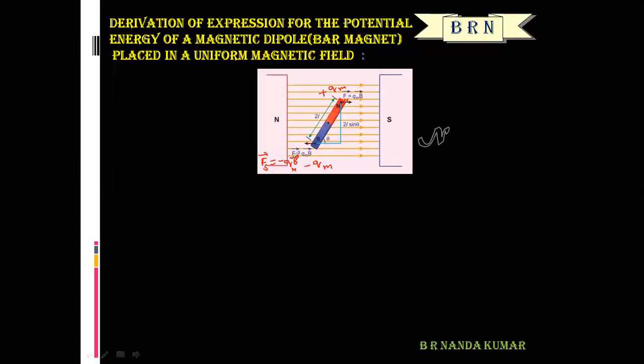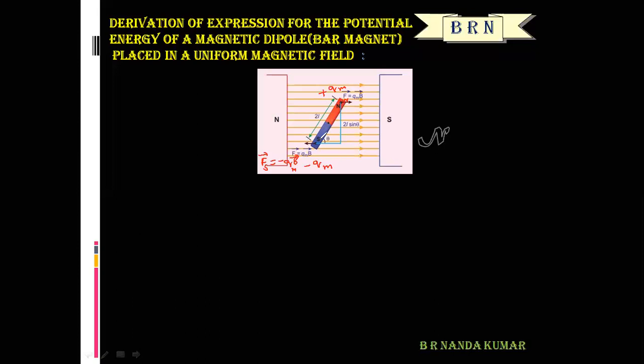So the negative sign indicates the force acting on the south pole is opposite to the direction of the magnetic field. That means when a bar magnet is placed in a uniform magnetic field, two equal and opposite forces act on the bar magnet. Actually, that is a couple. Two equal, unlike parallel forces whose lines of action are different constitute a couple.